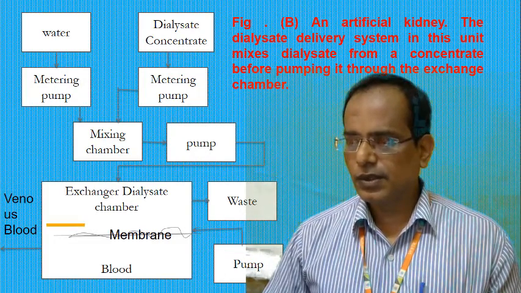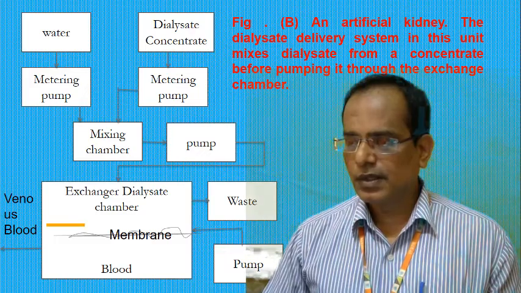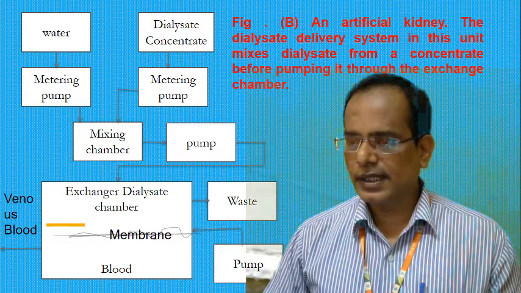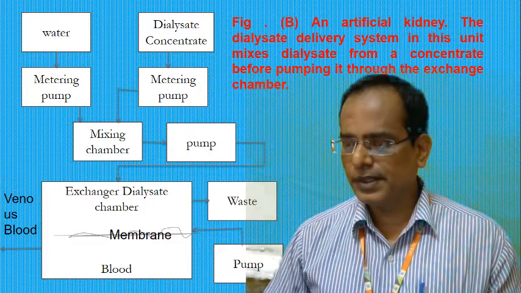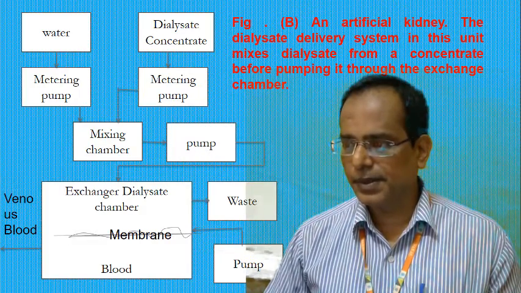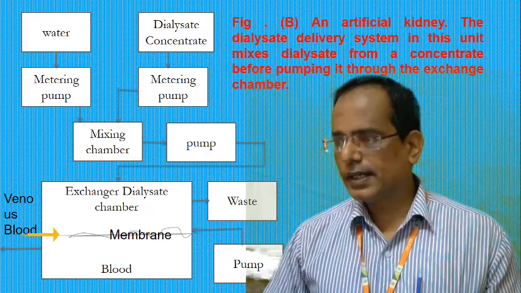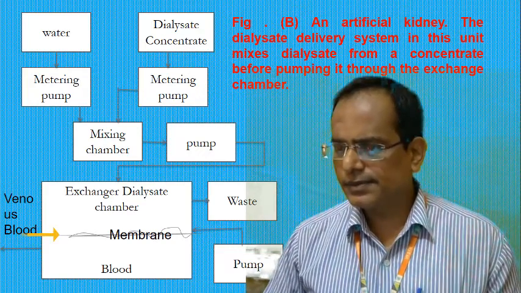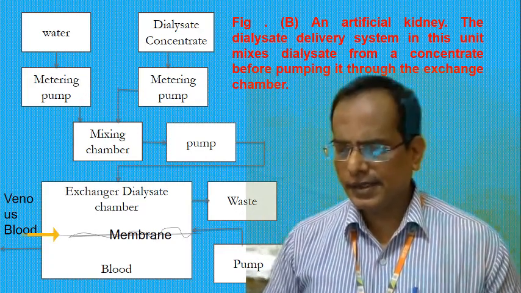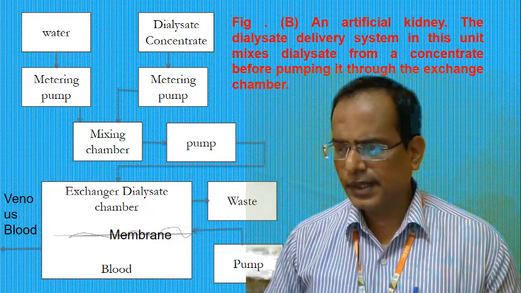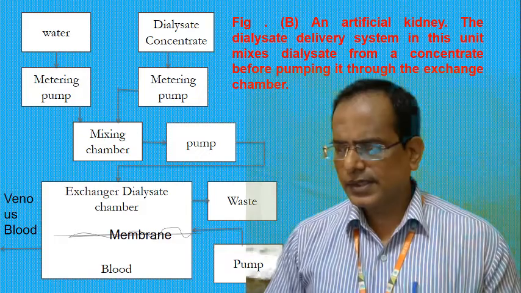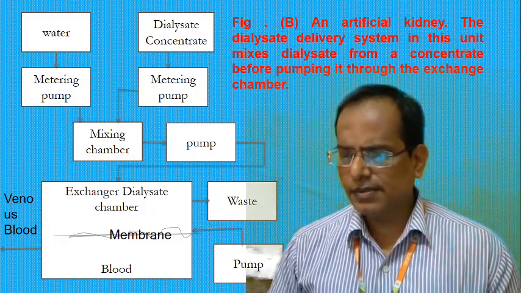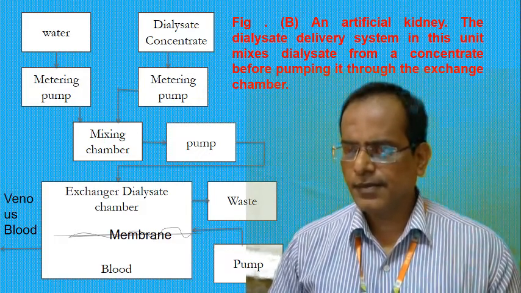So both components are contained in the exchanger dialysate chamber. These two compartments are separated by the semi-permeable membrane, which allows the waste components in the blood to diffuse into the dialysate, which carries them away from the blood.